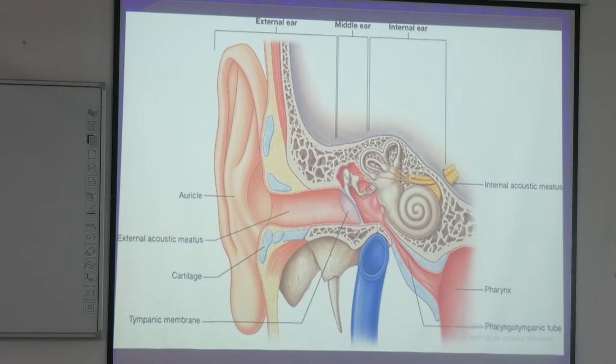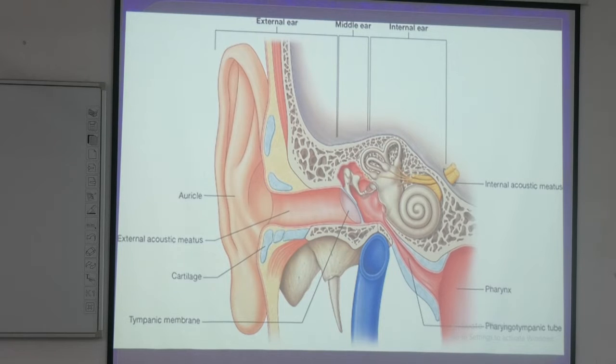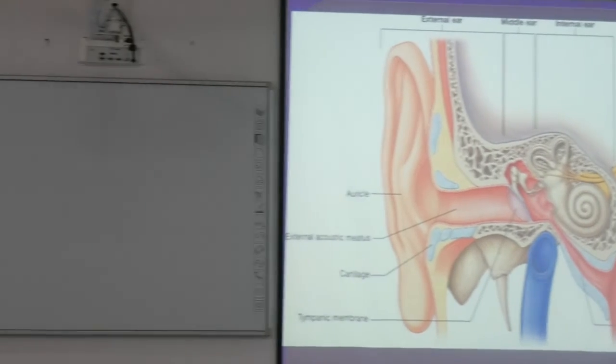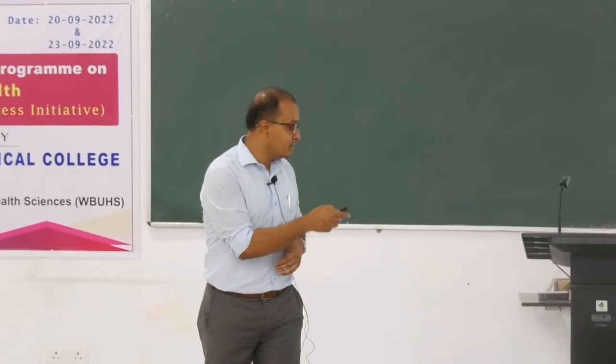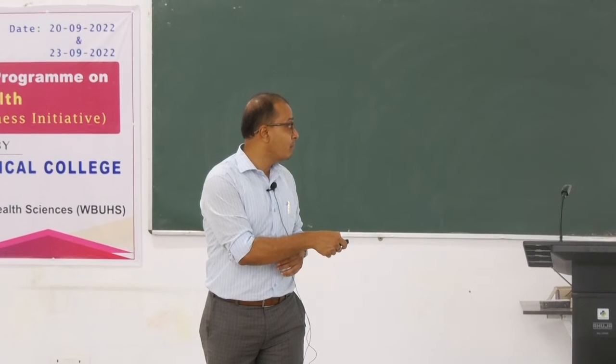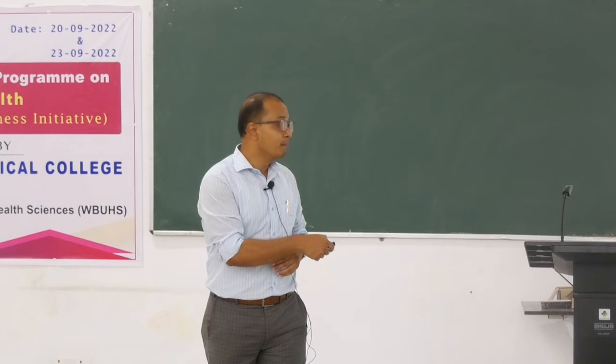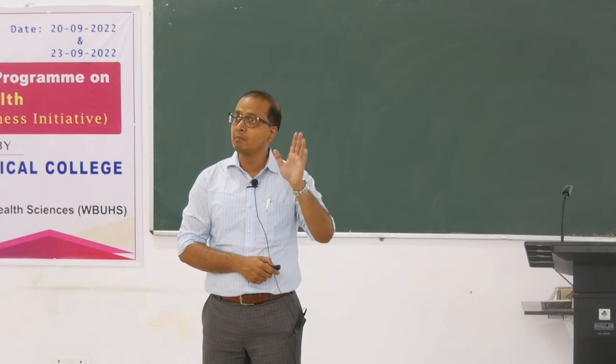Now this tympanic membrane is a kind of partly white trilaminar membrane. So it has three layers. That's what you have to memorize or remember. It's a trilaminar, transparent, partly white membrane placed between the external ear and the middle ear.